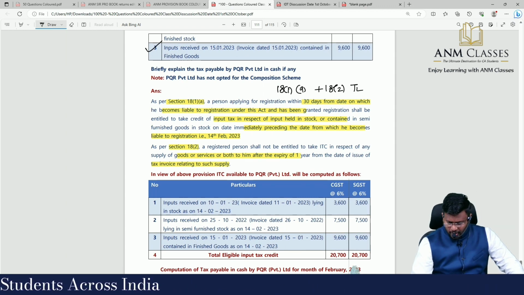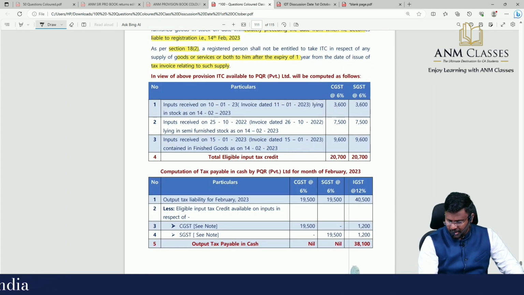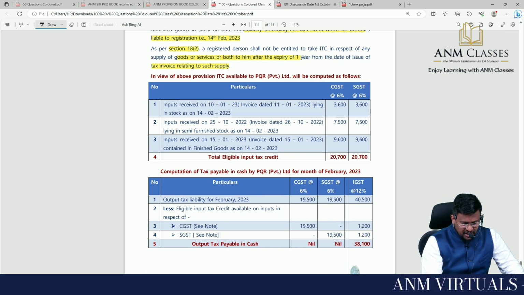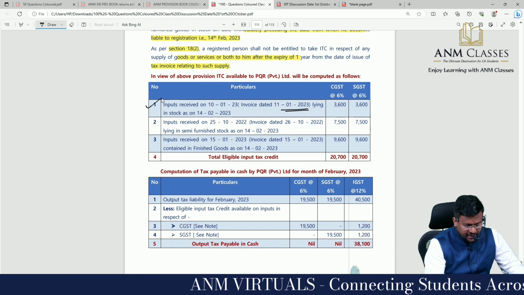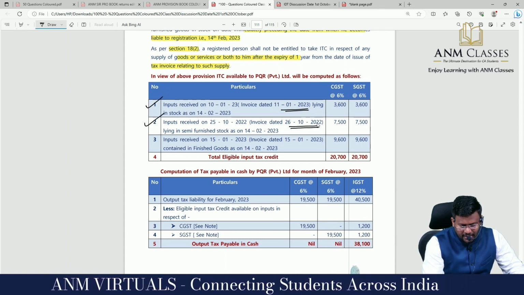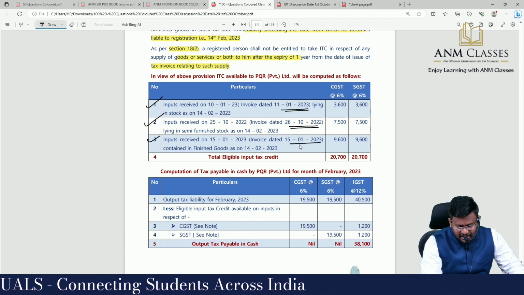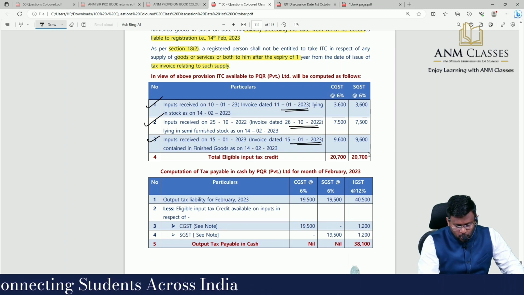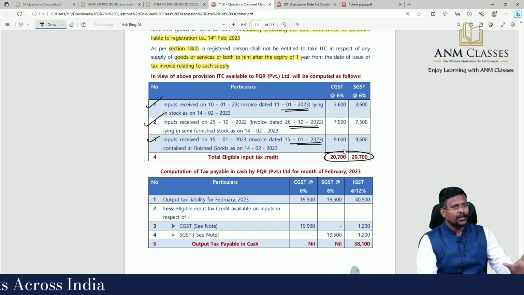So in view of the above provisions, ITC available to PQR Private Limited will be computed as follows. Inputs received on 10/1/2023, invoice dated 11/1/2023, eligible. Inputs received on 25/10, invoice dated 26/10, eligible. Input received on 15/1, invoice dated 15/1, eligible. So total eligible ITC is 20,700 and 20,700.